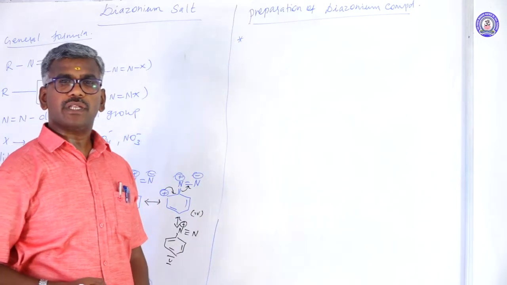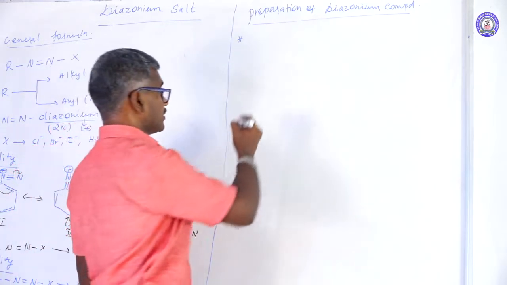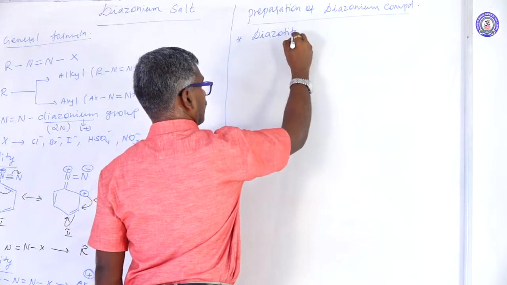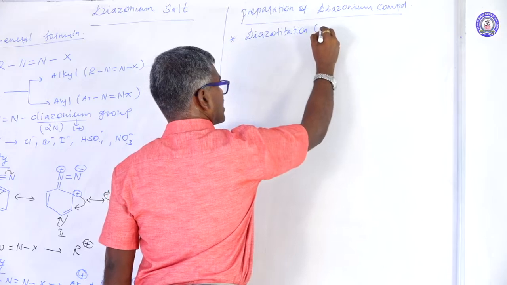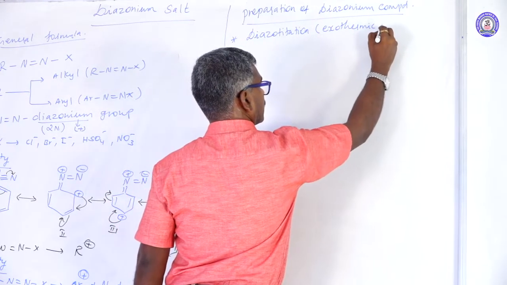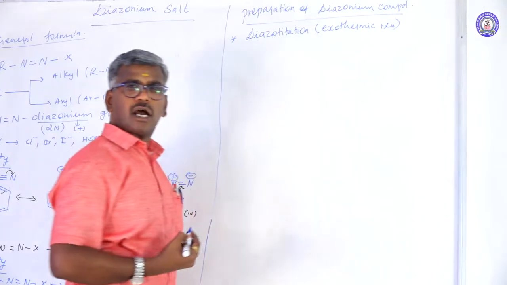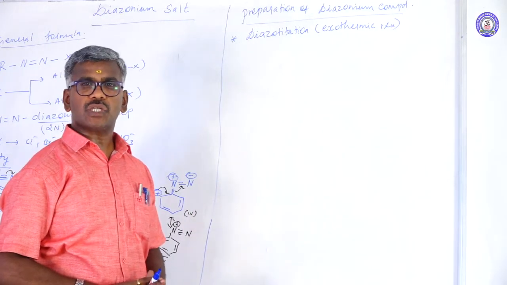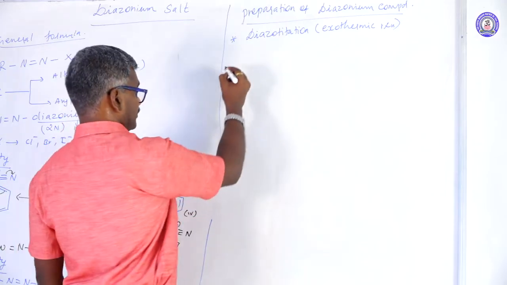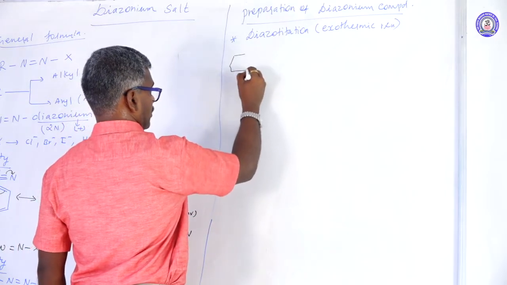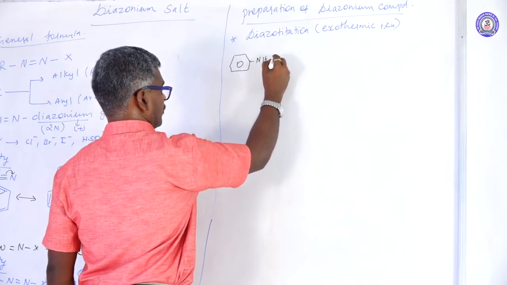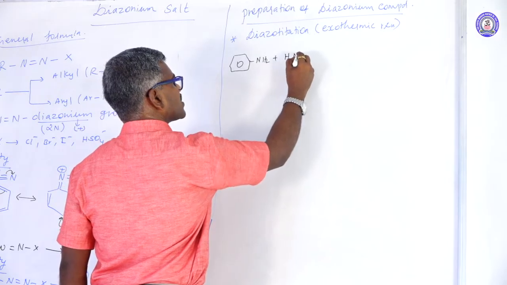The best method for preparation of diazonium compounds is diazotization. This is an exothermic reaction. What compounds undergo diazotization? Diazotization is nothing but an amino group directly attached to the benzene nucleus reacting with nitrous acid.